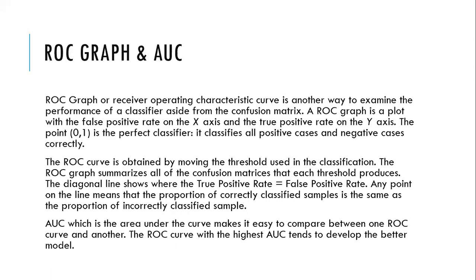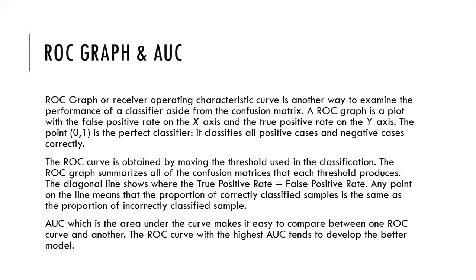Then another one of those things that we use to evaluate our model is called the receiver operating characteristics curve. I know it's a mouthful, but they use the word ROC graph for short, or ROC curve for short. It's another way we can look at how good our model is performing.